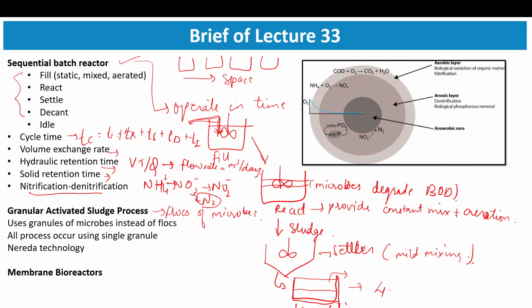And there will be a layer inside it with a limited supply of oxygen, and that layer will have denitrification. In denitrification, the nitrates or nitrites degrade and release oxygen, which is responsible for biological oxidation of organic matter.